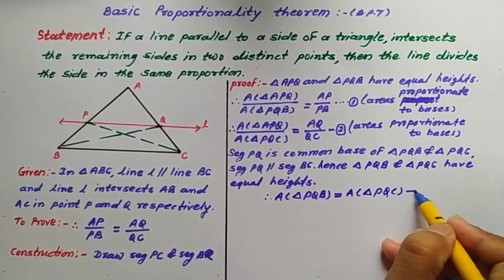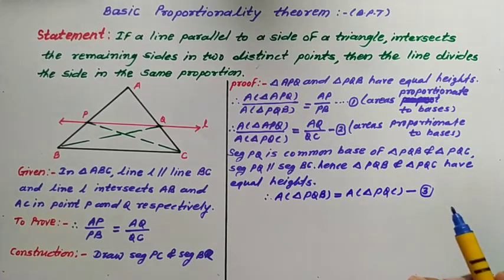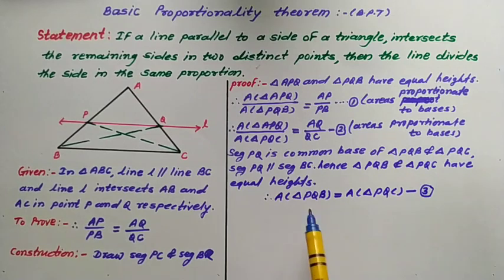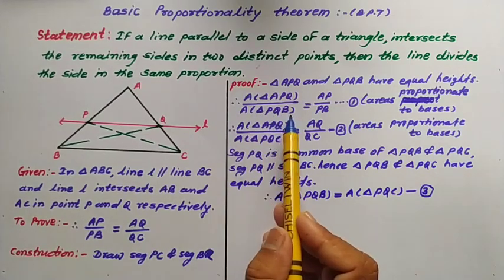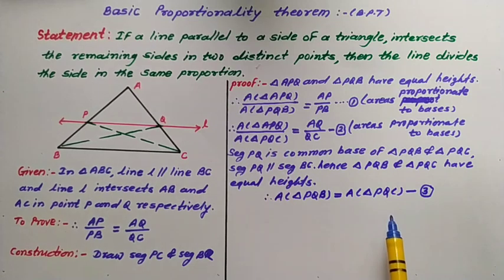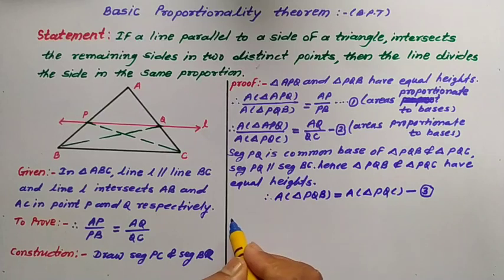This is the third statement. Using the first, second and third statements, the area of triangle PQB and the area of triangle PQC are equal, therefore the two ratios are equal.